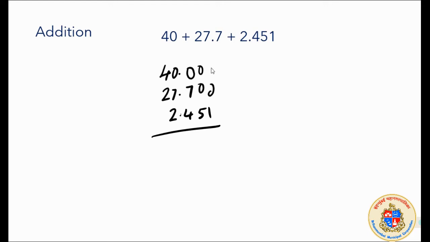And you simply add how you normally add. 1, 5, 11. The balance one will be carried here. And 10, and then it is 7, 0. Understood? So addition is as simple as this. Only take care that these decimals are in a line.